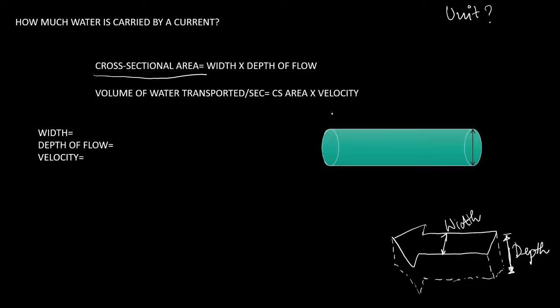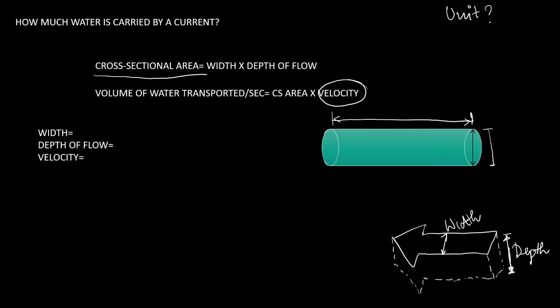So if this is the width of this cylinder, and then we have the depth of the flow, then it gives us the cross sectional area. And once we multiply that cross sectional area with the velocity of the current, we will get how much volume of water is being transported by that current per second.